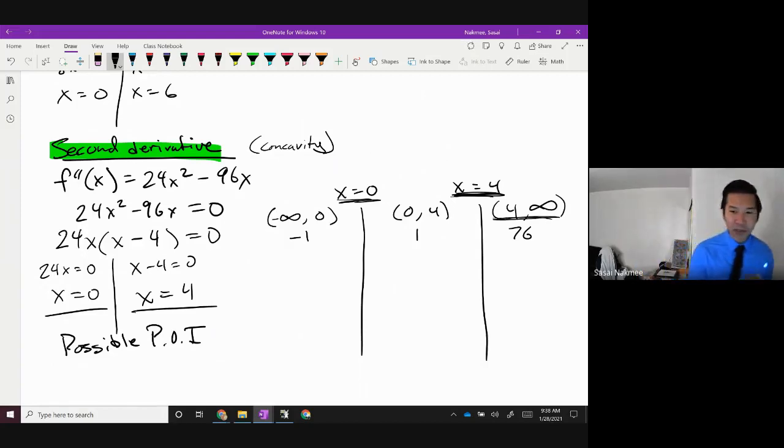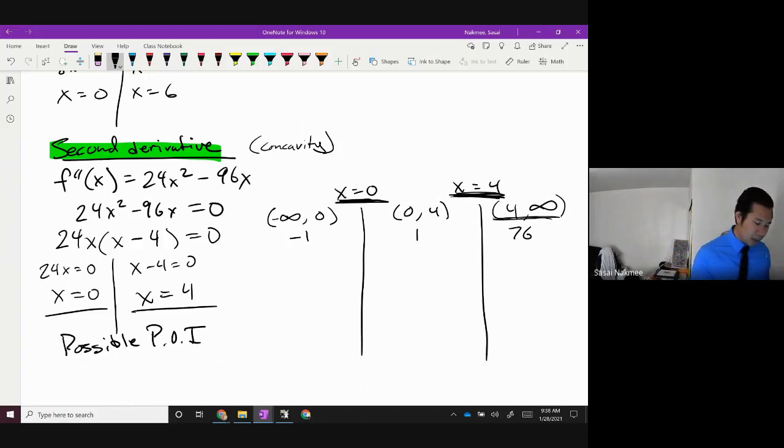That means everywhere else, the numbers are all going to be either positive or negative, and they're not going to change, because the only way they can change is by passing through where the second derivative is equal to 0. So technically, back there, when we picked -1, I could have picked -1,000,000,000, and it should still give you the same sign.